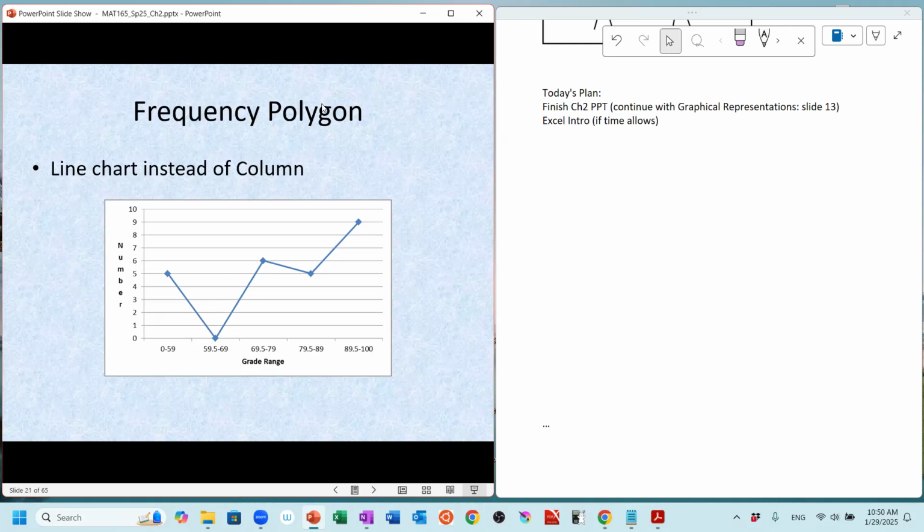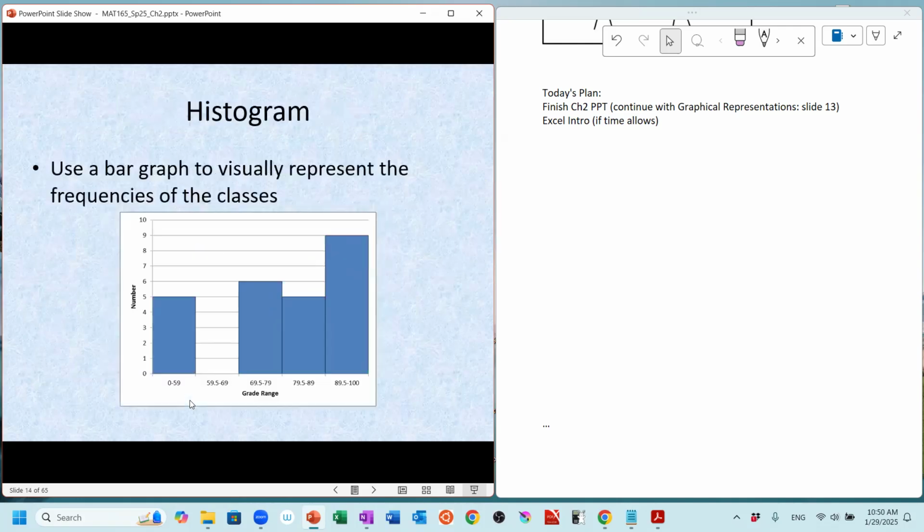A line chart or a frequency polygon. I don't think I've ever heard anybody actually call it a frequency polygon. They just call it a line chart or a line graph. If we remember our grade range data, let me go back a couple of slides here. We had our F, D, C, B, A at frequencies of 5, 0, 6, 5, 9.